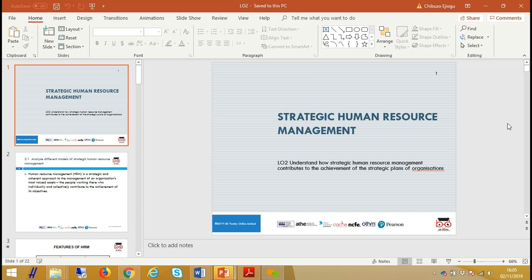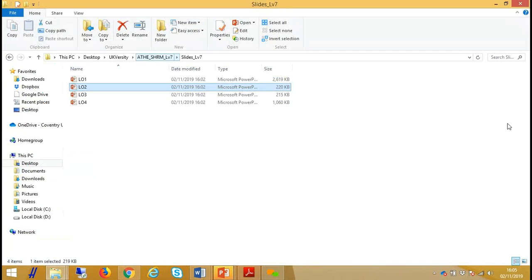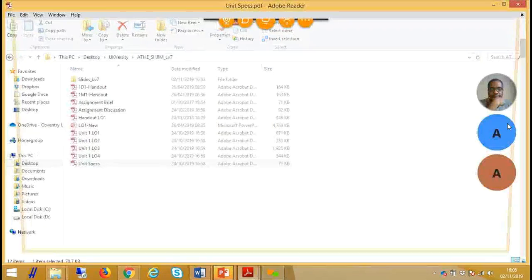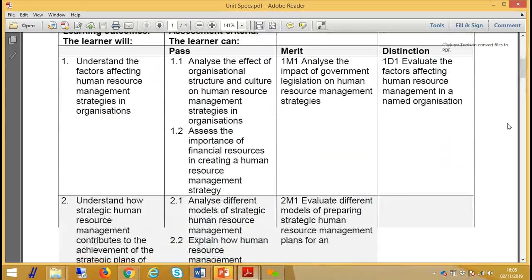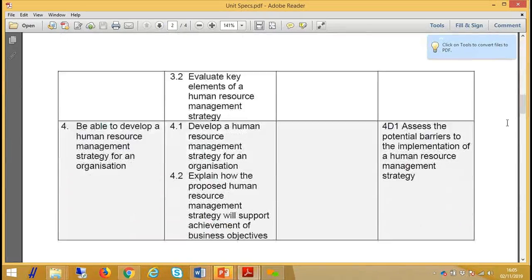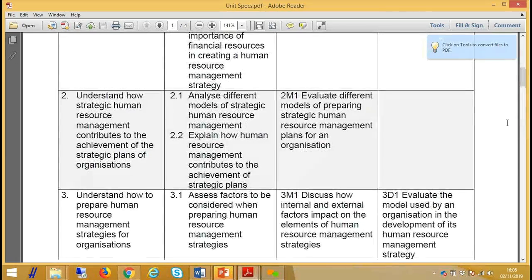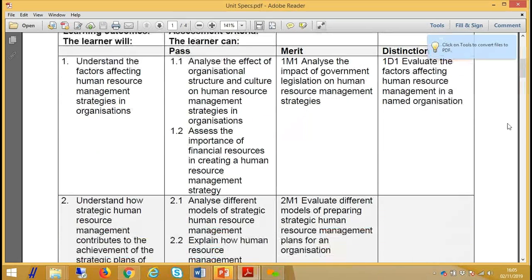So last week we introduced the unit and the learning outcomes. There are 4 learning outcomes, so we'll have at least 4 lessons, and then we have an extra lesson around coursework support usually. That's what I prefer to do.